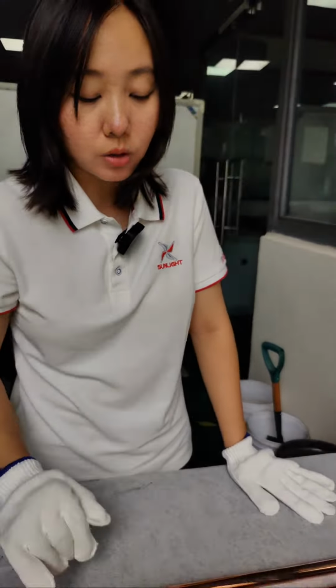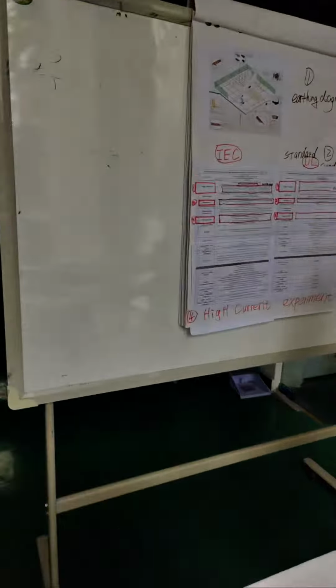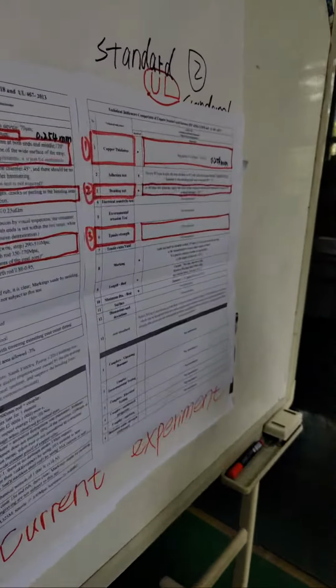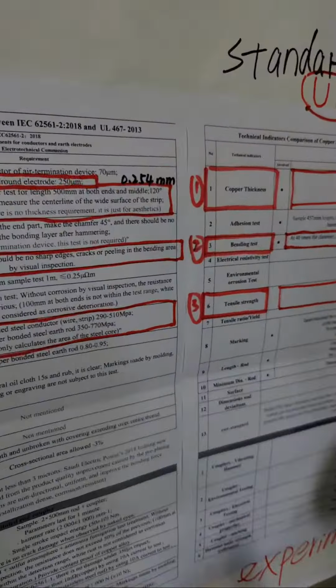Let's see. Come here. Actually, I want to introduce you to two standards for this material, which are IEC and UL. A few clients may ask us, who do you think you are? Why do you have the qualifications to tell us these two standards? Well, let me show you this page.